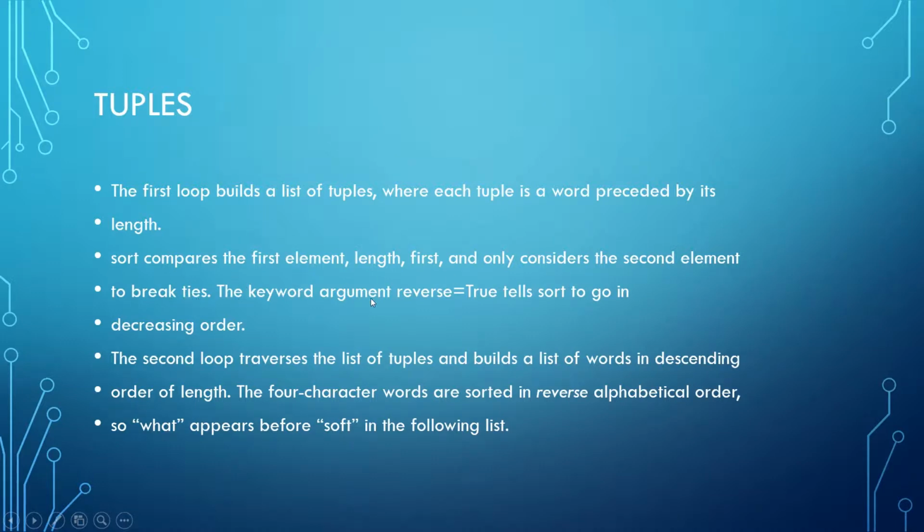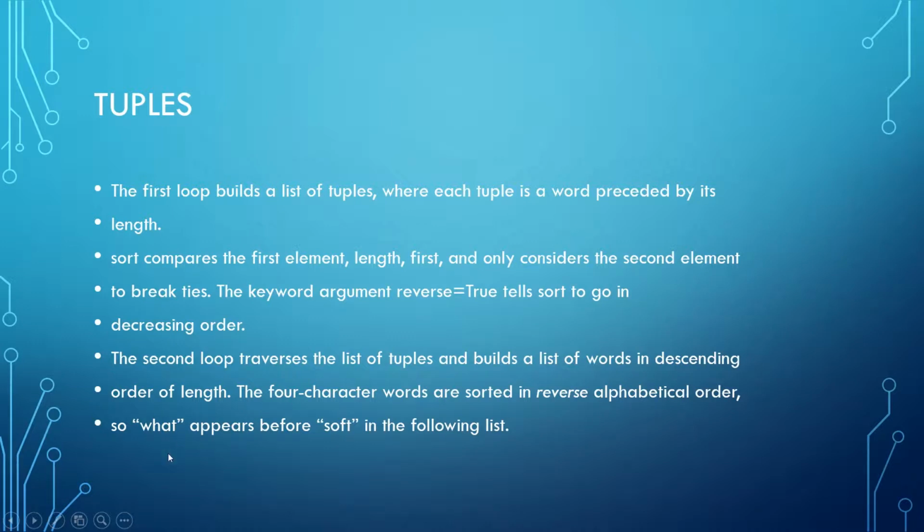The keyword argument reverse=True tells sort to go in descending order. The second loop traverses the list of tuples and builds a list of words in descending order of length. The four-character words are sorted in reverse alphabetical order.